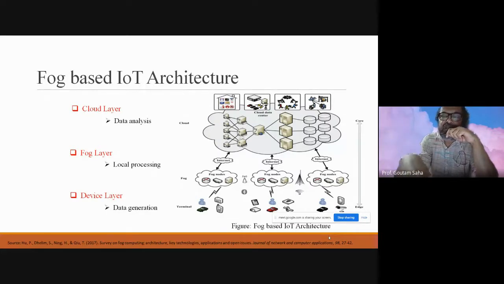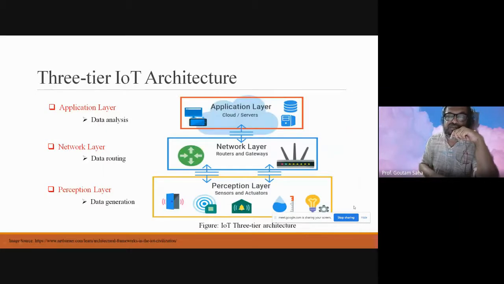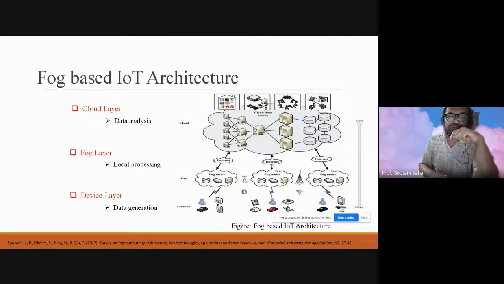If after analyzing, some actuator has to be energized, they send it back to the fog node, and the fog node communicates with the destined actuator. That is also possible. This is the modification from the previous one, where only single nodes were used for a single set of sensors. But here I'm using them in a cluster. So I am calling them fog.